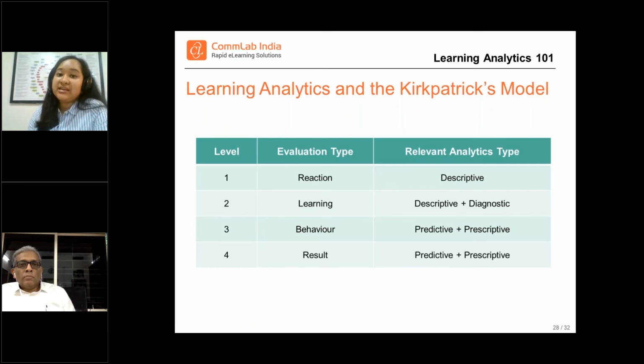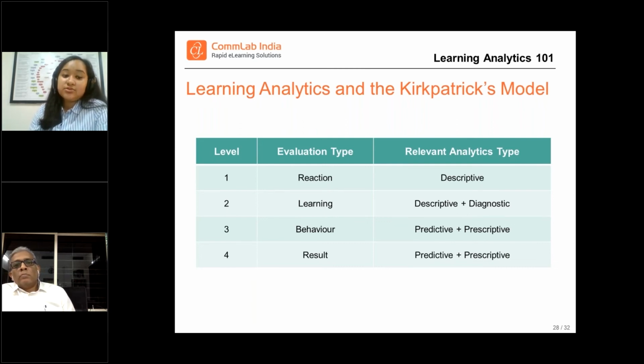They will also help you segregate the data on the basis of, let's say, managers, or you may want to see different reports or compare different sections of learners. So descriptive and diagnostic play a really crucial role in getting you analytics or data for the learning level.